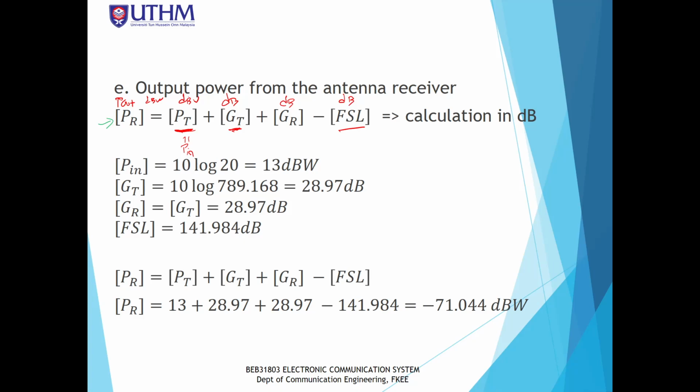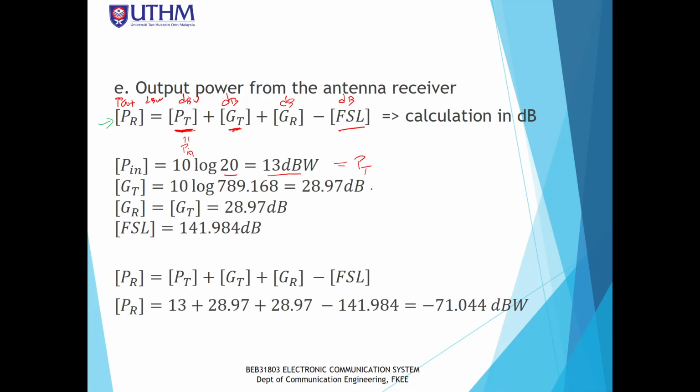Okay, so we have calculated previously how much P in is. P in is equal to 10 log 20, because it is given in the question that the input power is 20 watt. So 20 watt in terms of dBW, 10 log 20, you get 13 dBW. So this is equal to PT, power from the transmitter, because there are no losses LT.